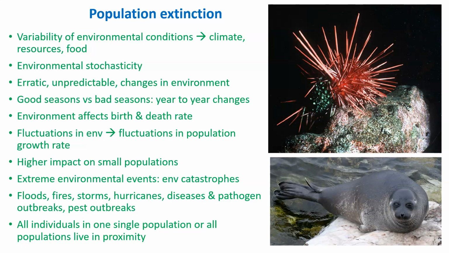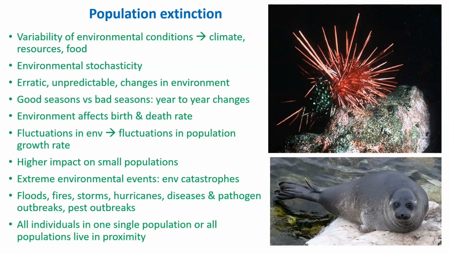All of those are extreme environmental catastrophes that could be responsible for population extinction. If a particular species exists only as a single population, or if all populations in a given species occur in very close proximity to each other, the negative impacts of these extreme environmental catastrophes are quite high, right?